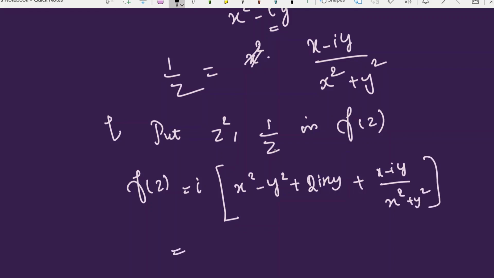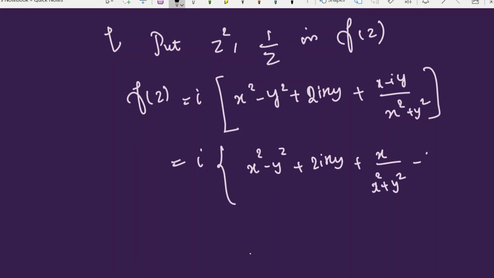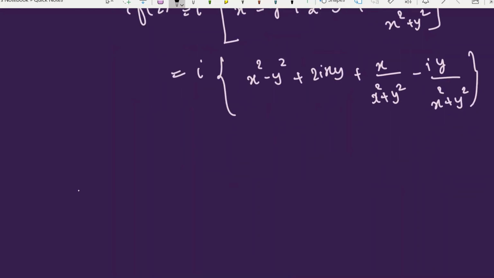Now simplify the terms. i times x square minus y square plus 2ixy plus x by x square plus y square minus iy by x square plus y square. Now separate the terms as real part and imaginary part.